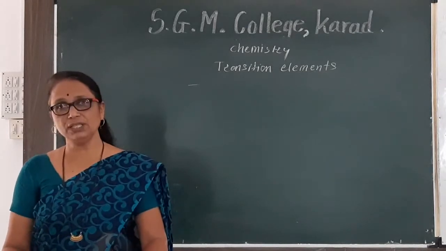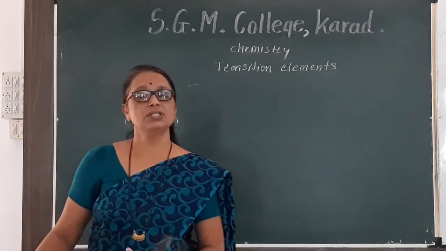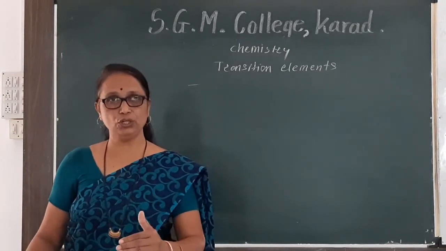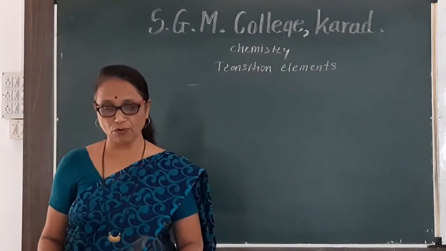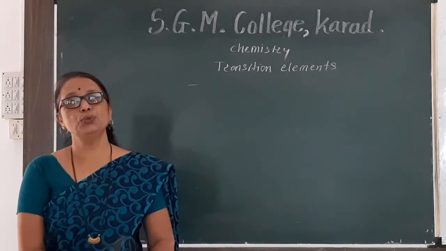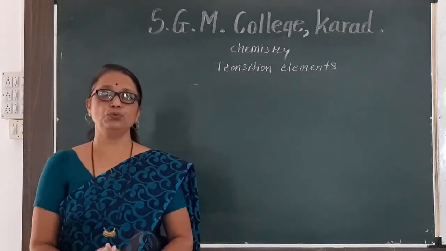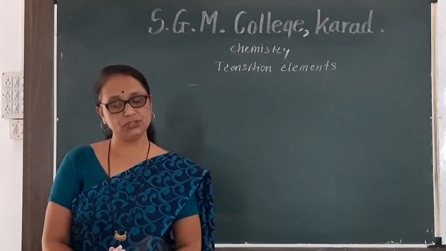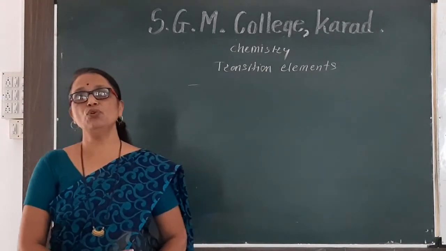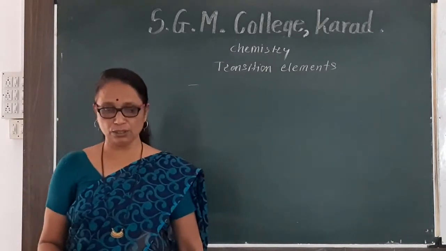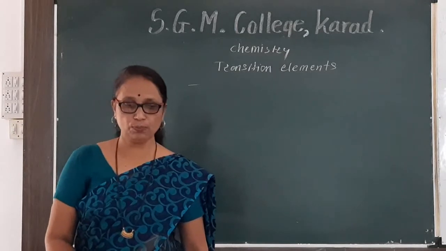Ionization enthalpy of the third series is higher than the first and second due to poor shielding effect of the 4f orbitals. Then metallic characters are due to unpaired electrons, that is due to the covalent bonding, metallic bonding and perfect metallic structures. Magnetic moment can be calculated by using the formula under root of n into n plus 2.